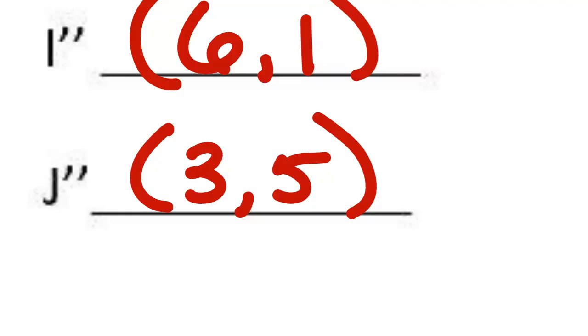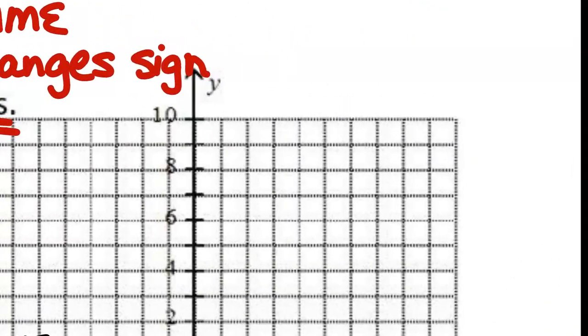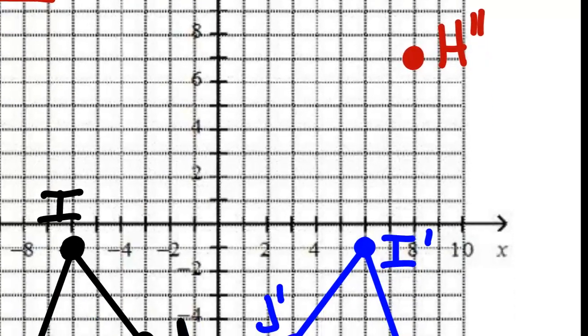All of my x's stayed exactly the same as H prime, I prime, and J prime, and all of the y components changed their signs. So 8, 7, my H double prime is up here. I double prime at 6, 1 is going to be down here.